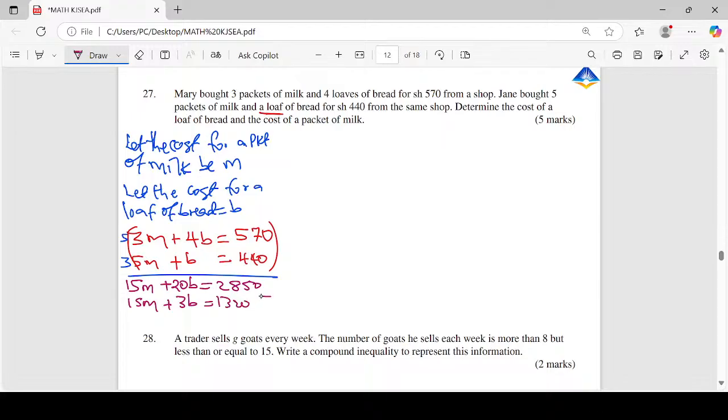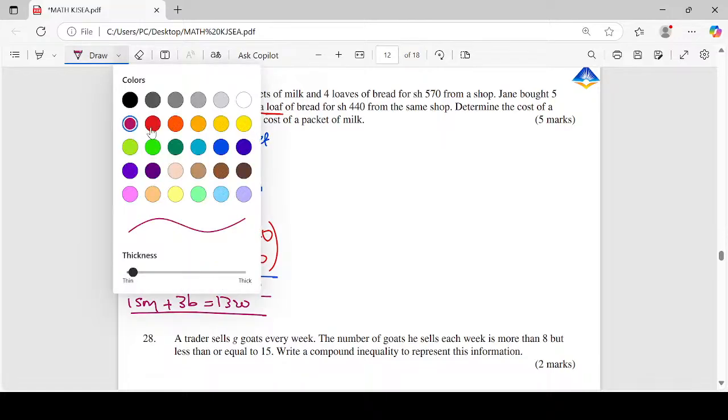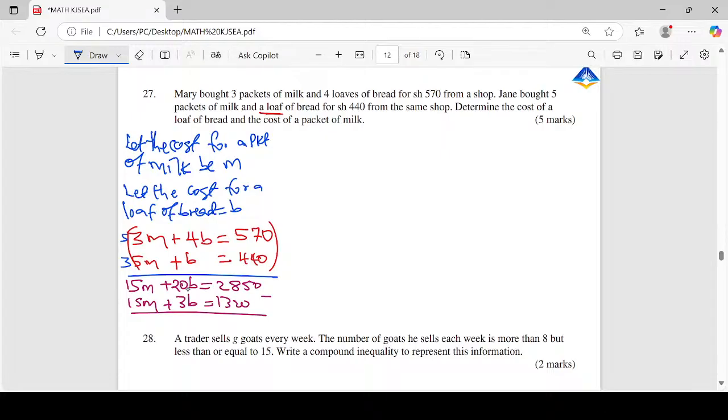Then you do subtraction. 15m minus 15m, that will be 0. Then 20b minus 3b, that is 17b, is equal to 2850 less 1320.